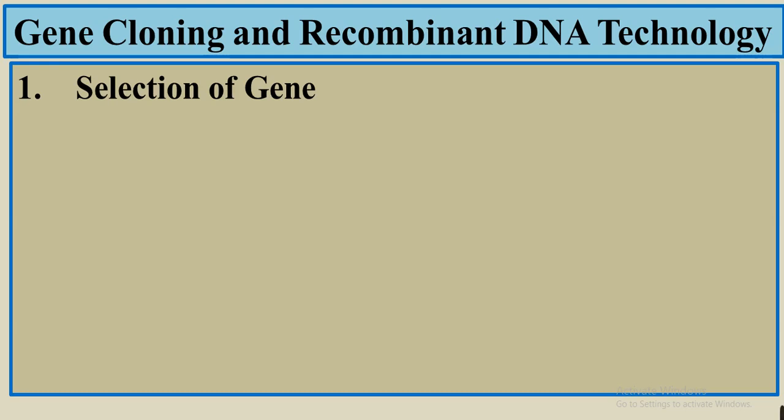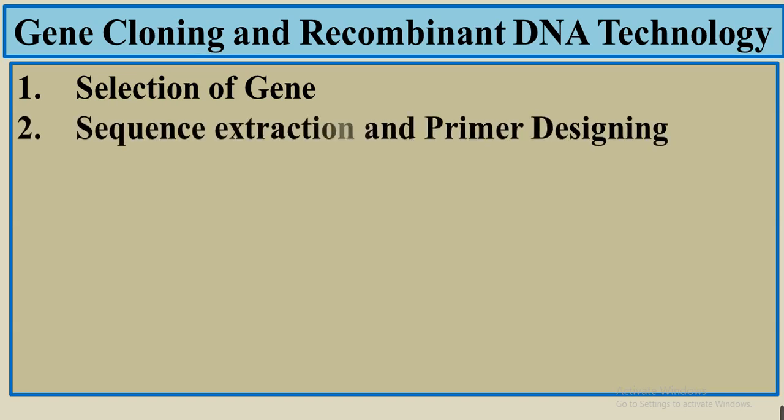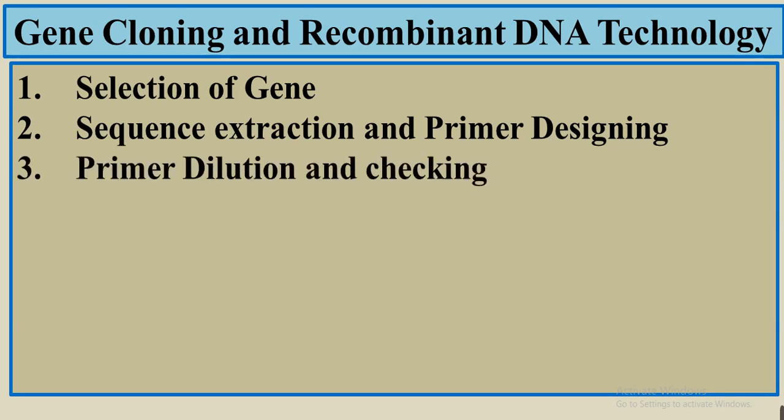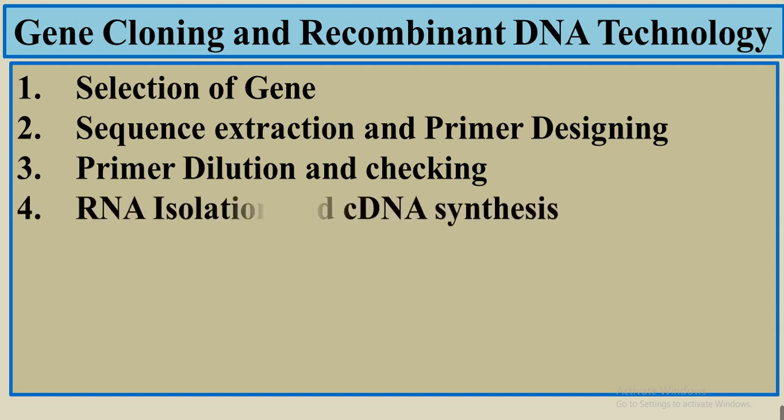Then after selection, we need to take its sequence, how we can extract it, what type of sequence we will extract, and how we can design the primer for its cloning, how we can get it from the company and how we can dilute that primer, at what concentration. And then we have to check whether these primers work 100% or not, and how we can check it.